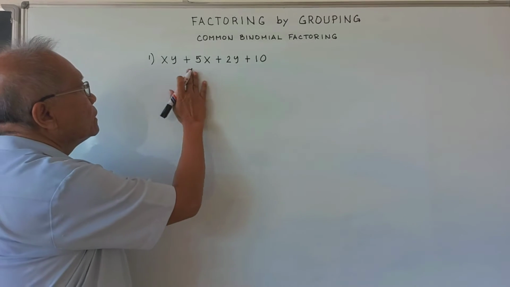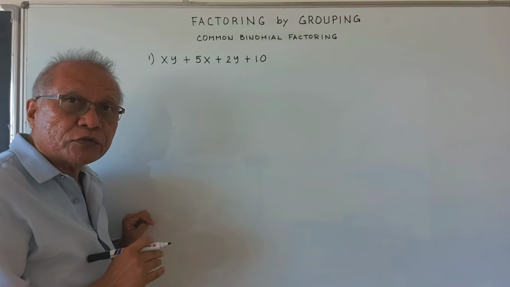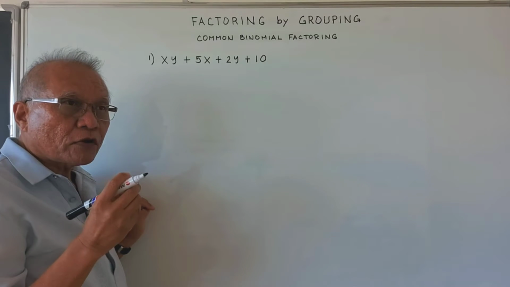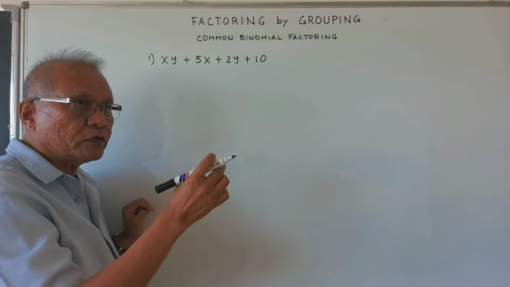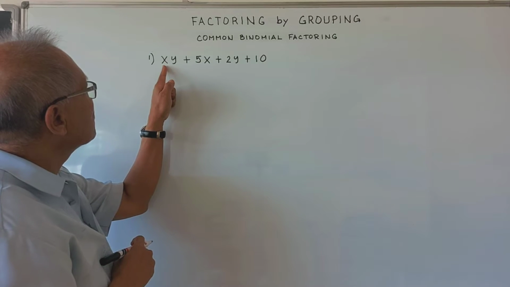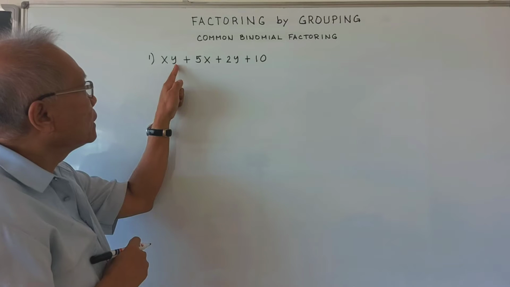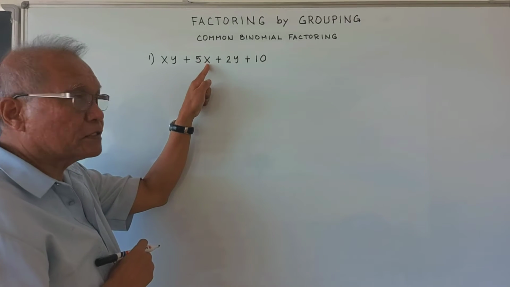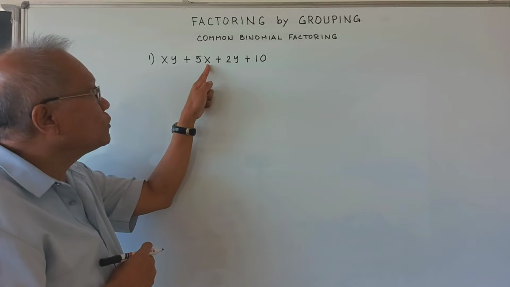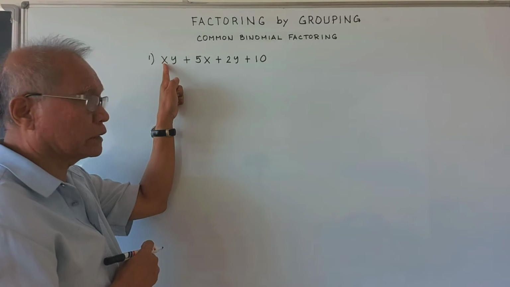So here, we have 4 terms, and let us see if we have common factors of 2 terms and the other 2 terms. For this one, xy, the second one has an x. Therefore, for these 2 terms, we have a common monomial factor of x.